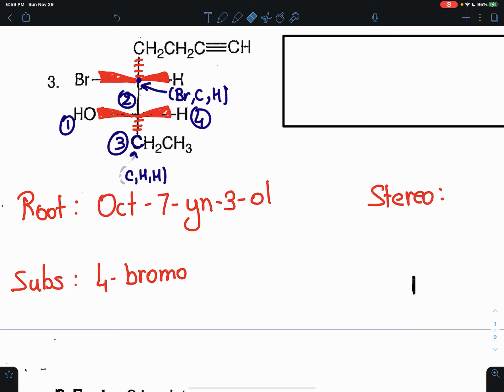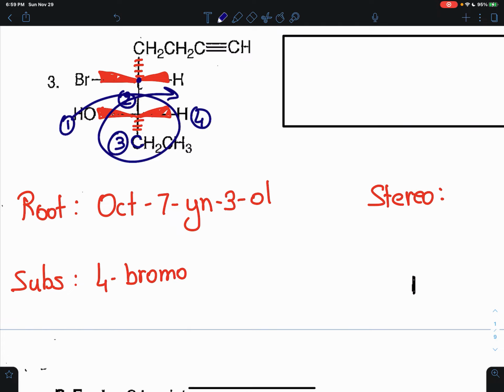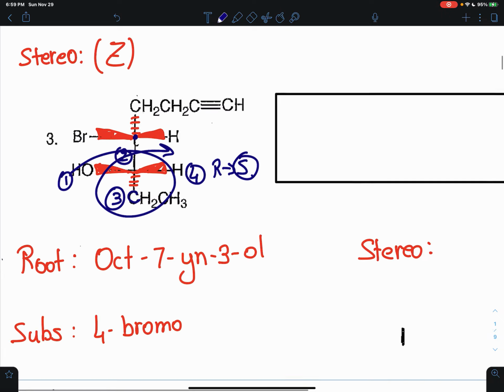So I'm going to go ahead and erase the stuff that I wrote just for the sake of having some space so I can do my R and S. So 1, 2, 3. So that's an R. But remember, guys, when you have the smallest group, number 4, on a wedge, you have to always flip the configuration. So it's going to be an R to an S. So that's an S.